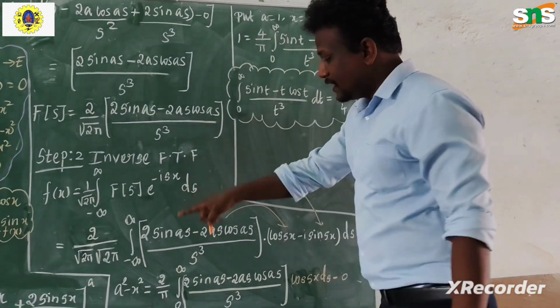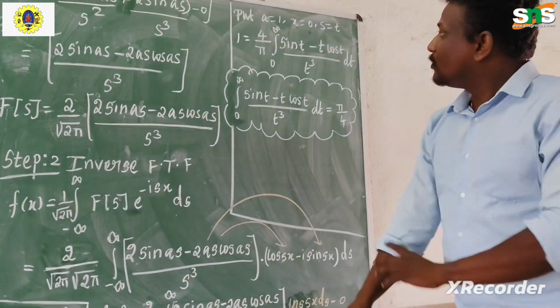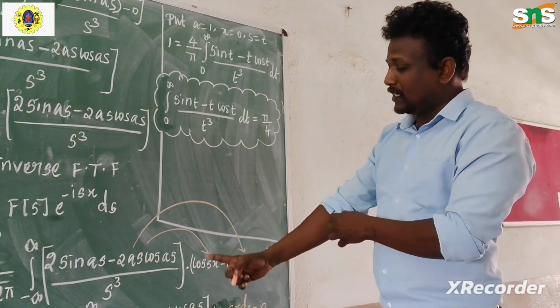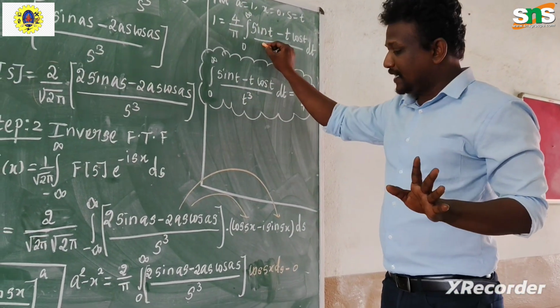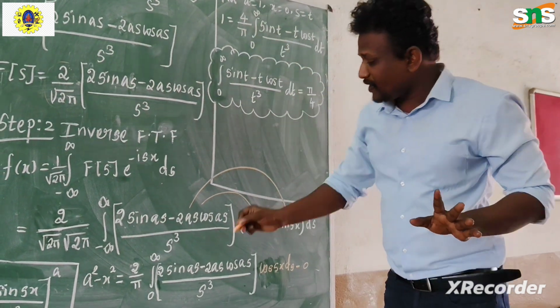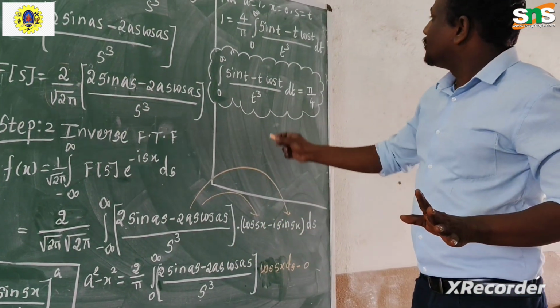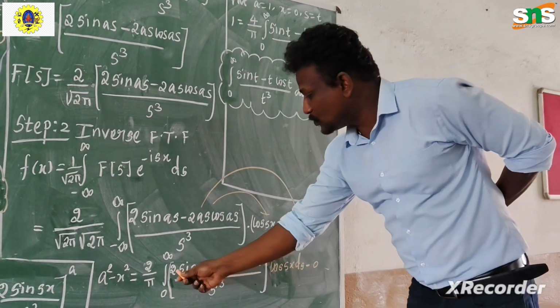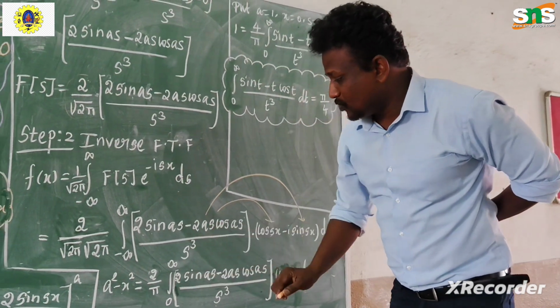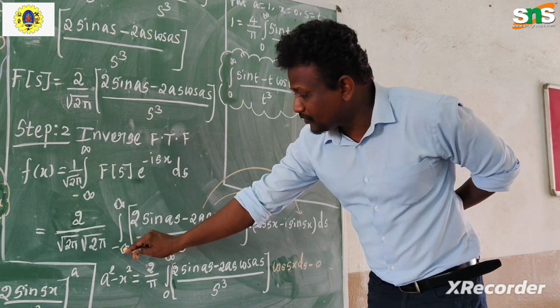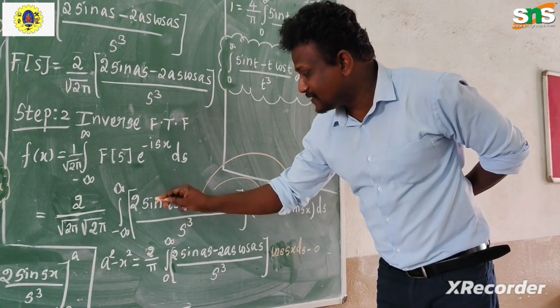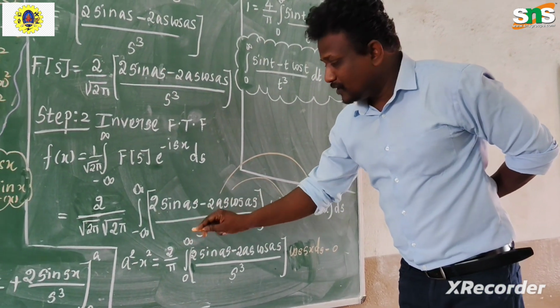Now let's see how it works. On the left side we have a square minus x square. What is the value of a? It is 1. 1 square is what? 1. 1 minus 0, 1. That's all. Let's come to the right side. One more thing that I forgot to say: here I adjusted my limit to 0 to infinity because this is an even function.